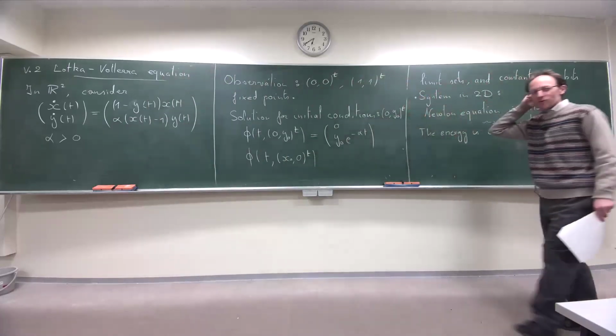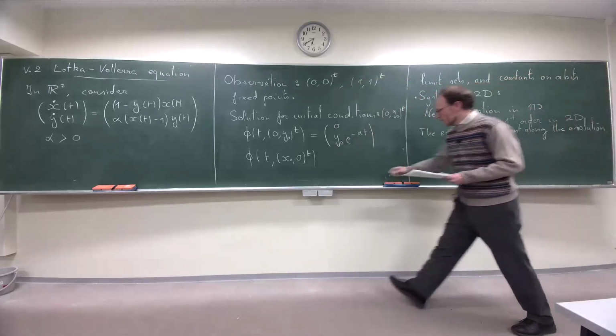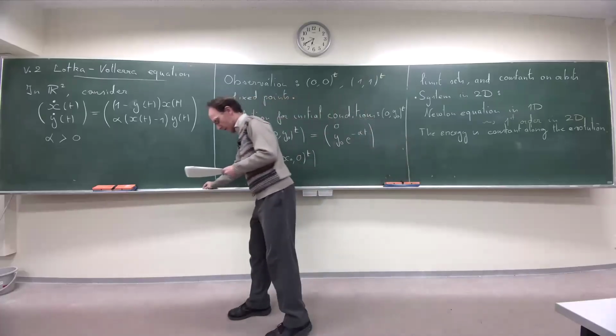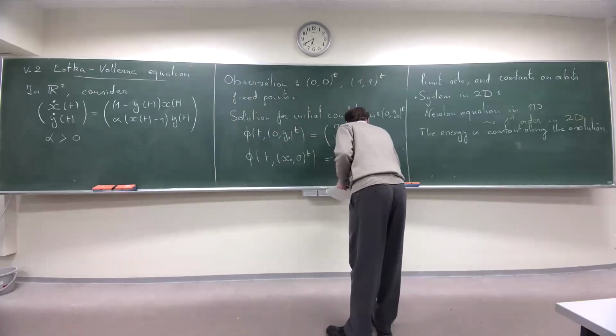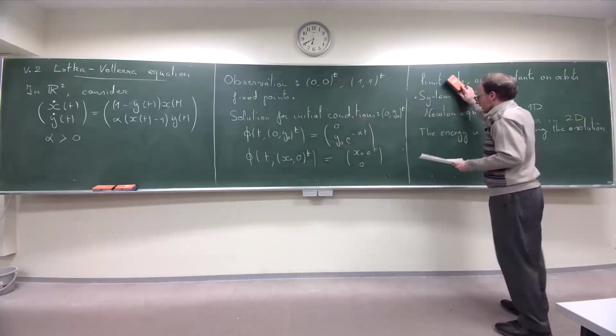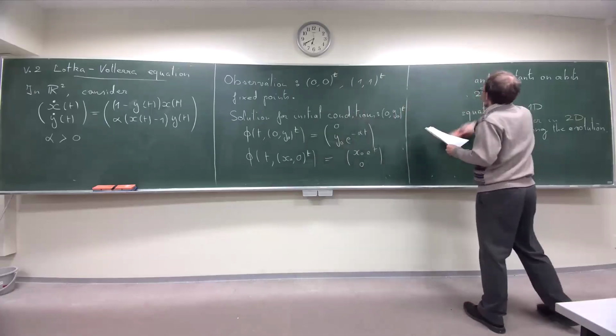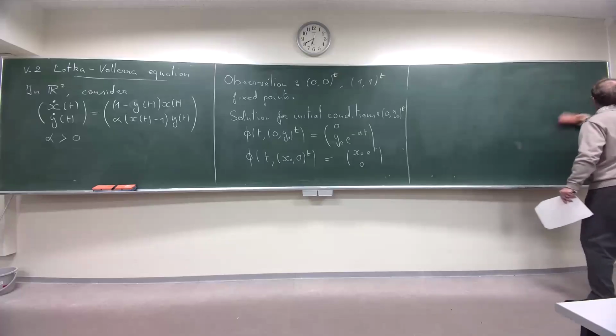In the notes now, I'm using a specific font for this. And the solution with this initial condition is x0 e^t, and 0. Both x0 and y0 are arbitrary real numbers.